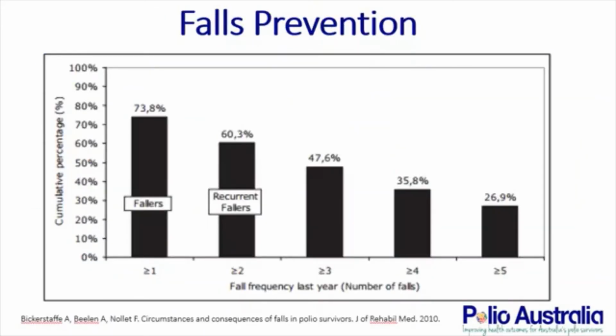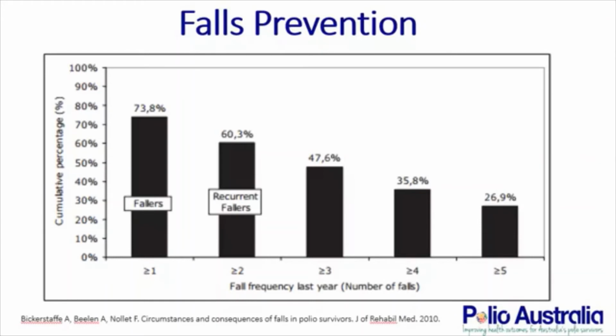So on to falling now. With falling and subsequent injuries, all other functions of a polio survivor can be very easily disrupted. This particular study, Bickerstaffe, Berlin, and Nollet from 2010, looked at the circumstances and consequences of falls in polio survivors.